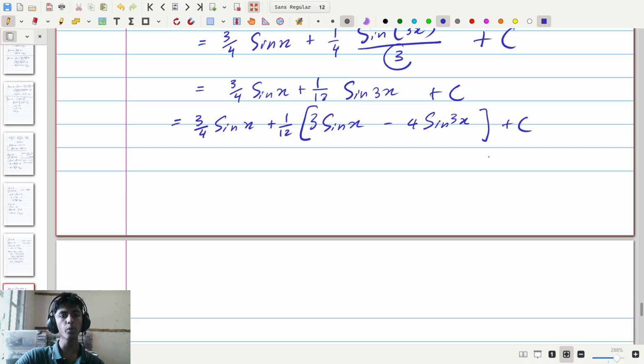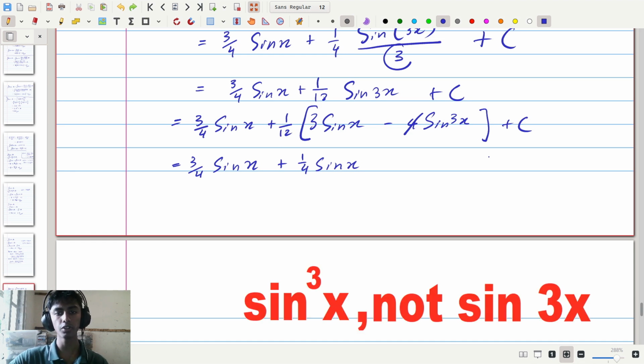Now then, evaluating this bit, 3 sine of x divided by 12 is going to give us this thing cancelling with this thing and 1/4 sine of x. We can write that down as being 3/4 sine of x plus the 1/4 sine of x, and then this negative 4 sine cubed of x is going to cancel with this 1/12, leaving us with negative 1/3 sine of 3x, which we're going to write as negative sine of 3x divided by 3 and plus c.